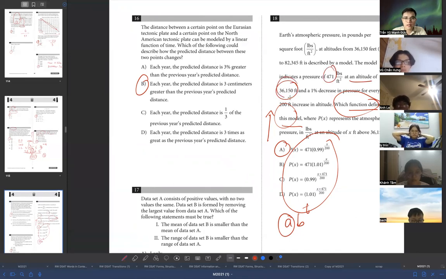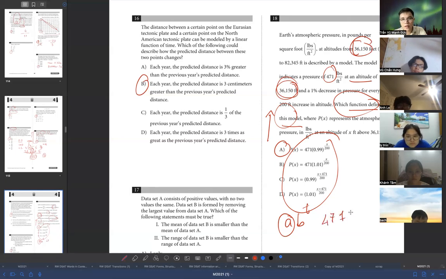But this is not the initial value, is it? But it is, because the question is asking from 36,150 feet to 82,345. So the very initial value is the value they are taking into account for the first time, the lower limit. So A is 471.